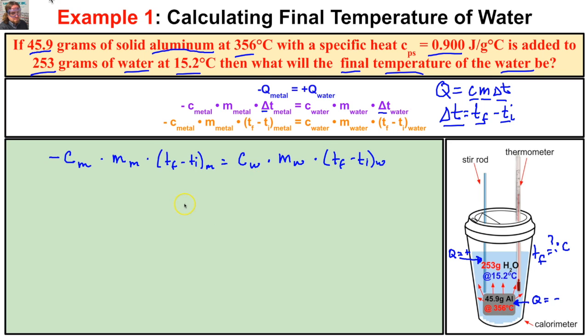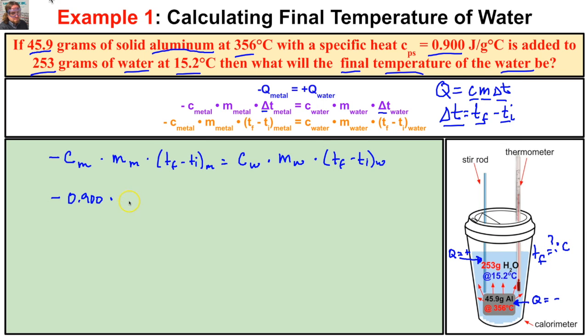And so now what we can begin to do is plug numbers in from this formula here. If we take a look, the specific heat capacity of our metal is 0.900. And when we're working with this formula, we can go ahead and leave these units out until the very end. Our final answer will be in degrees Celsius. So we'll just leave off these units for now.